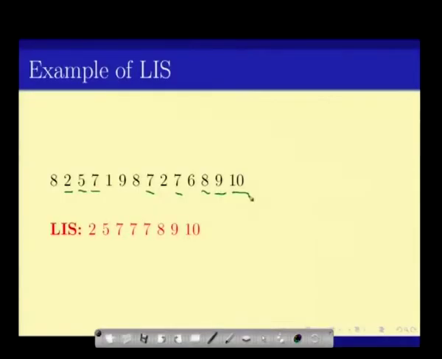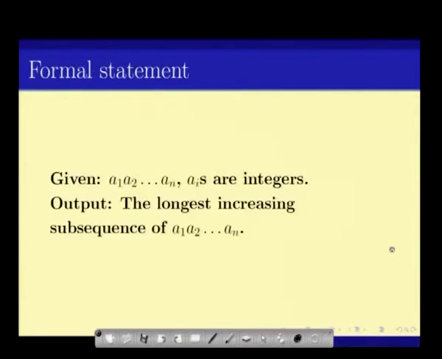Now, this is a long increasing subsequence, that is clear. Why is it the longest? Can there be any other subsequence that is bigger than this and is increasing also? These are the kind of questions that one needs to handle. So, in other words, given a set of integers, we want to find an algorithm for finding the longest increasing subsequence.